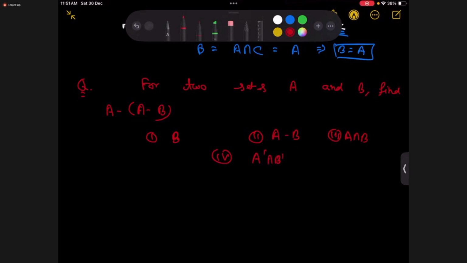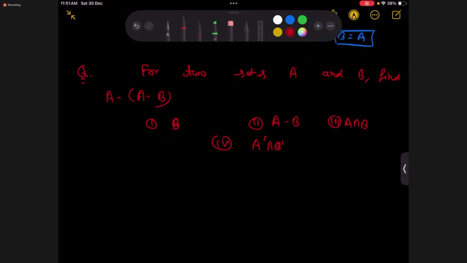So how can it be answered? In this case, you can do it by set operations, or it will be very easy if you do it with the help of a Venn diagram.